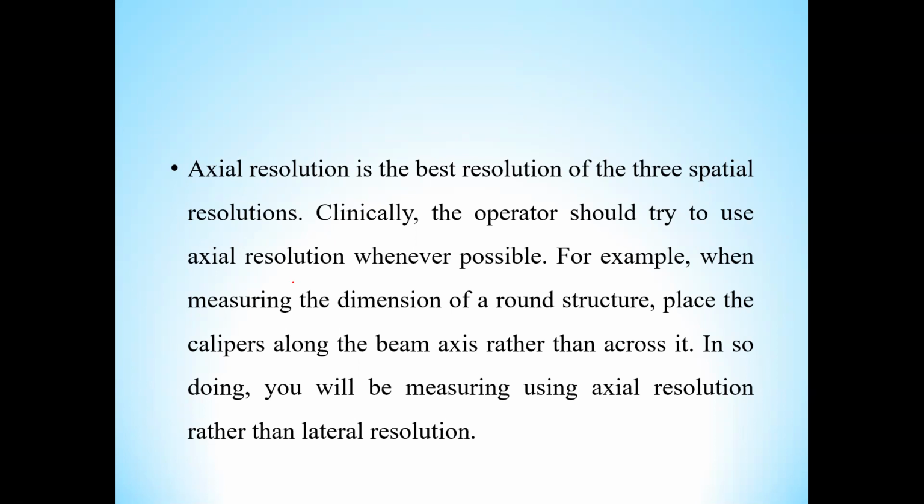So by this sentence, the author means that axial resolution is better than lateral resolution or slice thickness resolution. So if you are going to measure something like this, you can measure this structure from here to here, and from here to here.